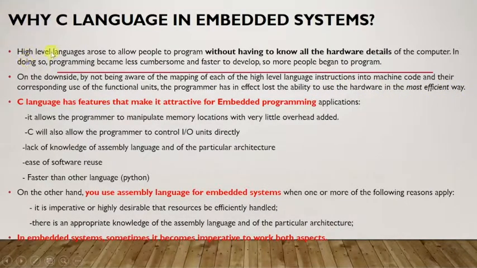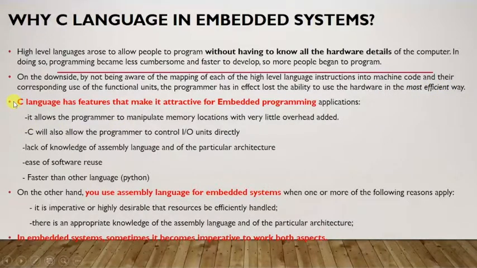The high-level language allows the programmer to program without knowing the hardware, but the downside is that the programmer loses the ability to use the hardware in the most efficient way.